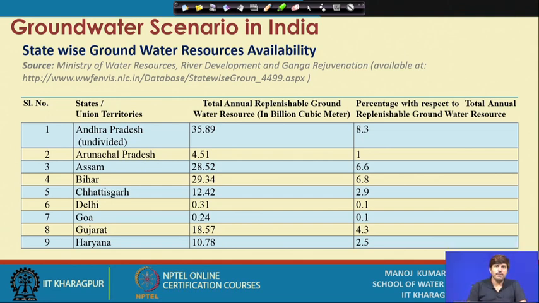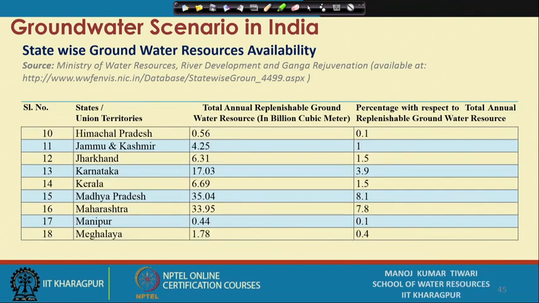Undivided Andhra has a good amount of replenishable groundwater resource, around 36 billion cubic meters, which is 8.3% of the total annual replenishable groundwater resources of the country. The other major ones are Assam and Bihar, whereas there is very little in Delhi and Goa, which are anyway small states.